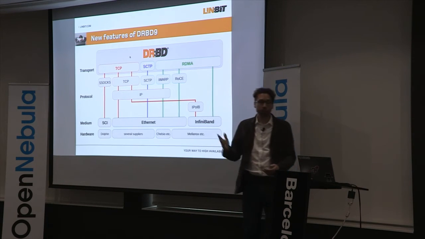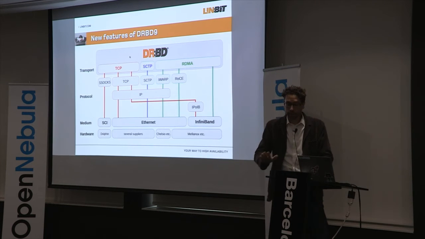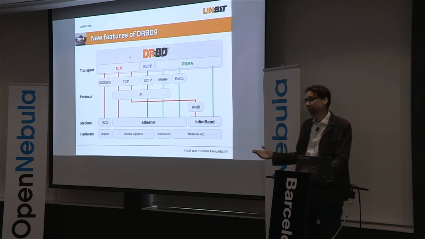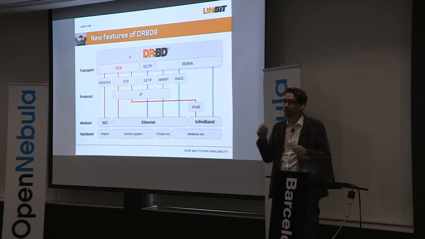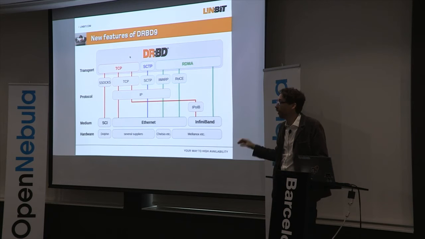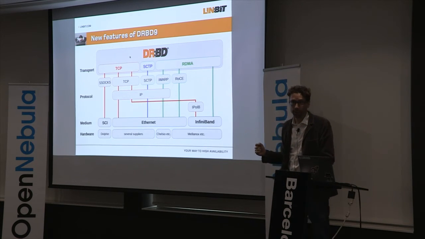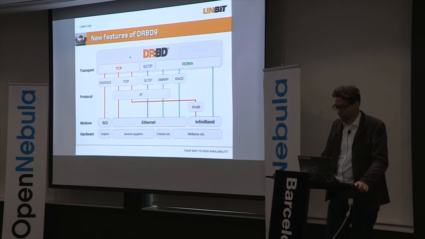And at this point, I want to add: DRBD core and DRBD transport TCP and DRBD Manage, that's all open source. And we have tiny proprietary offerings around our open source offering. And that RDMA transport is one of the proprietary offerings. So you need to get in touch with us to use that.